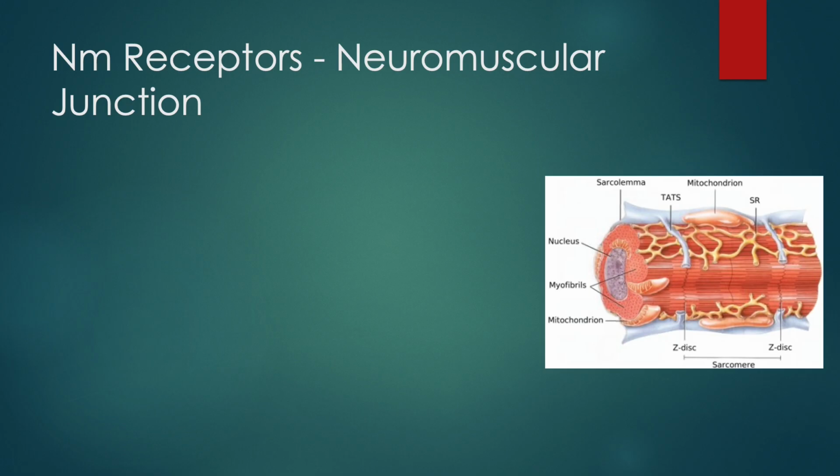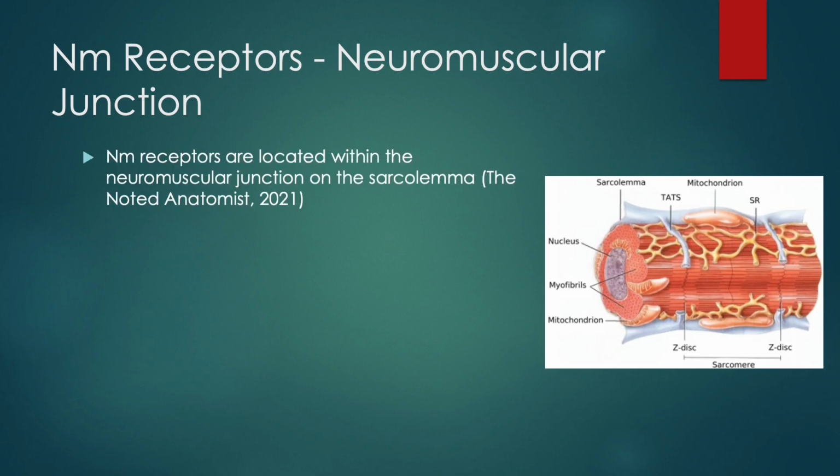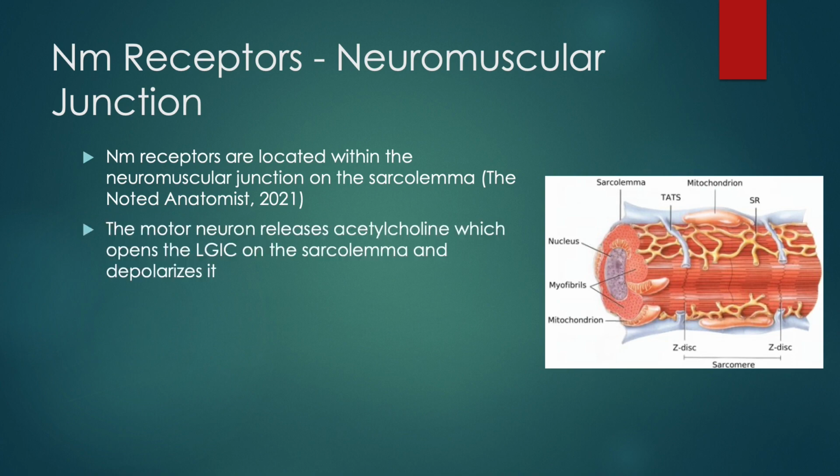Type NM receptors are located in the neuromuscular junction, on the sarcolemma of the muscle cell or myocyte. The motor neuron releases acetylcholine, which opens the ligand-gated ion channel on the sarcolemma and depolarizes it.